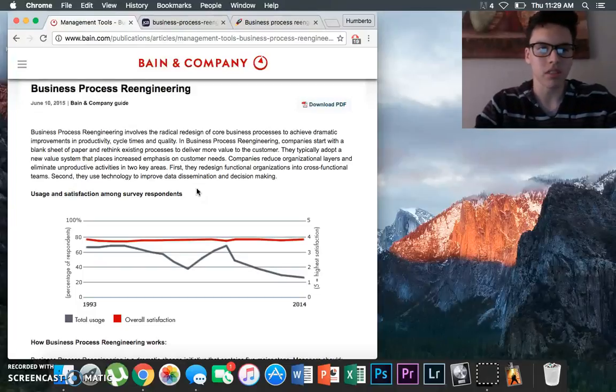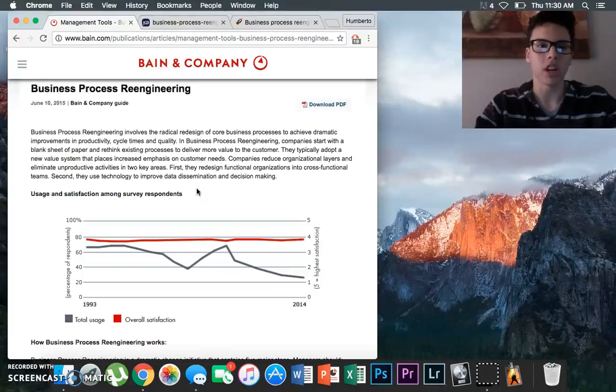It states, business process reengineering involves the radical redesign of core business processes to achieve dramatic improvements in productivity, cycle times, and quality. In business process reengineering, companies start with a blank sheet of paper and rethink existing processes to deliver more value to the customer.